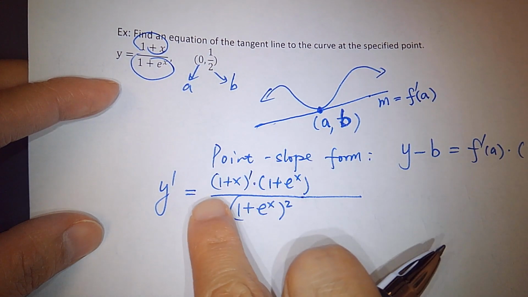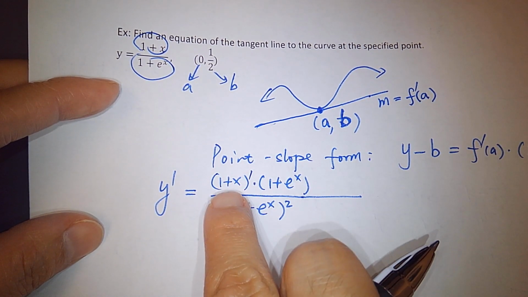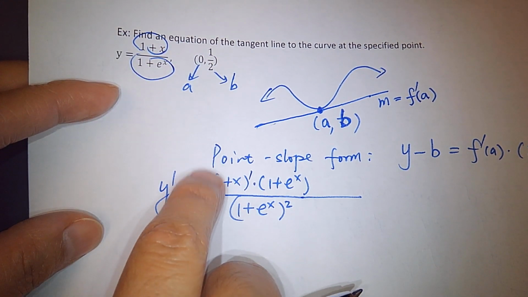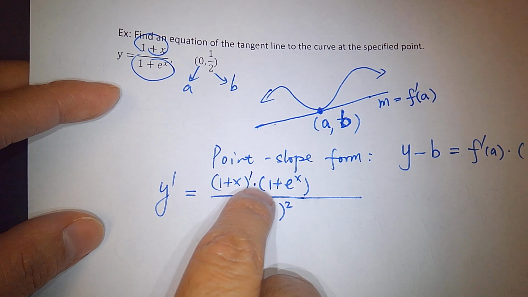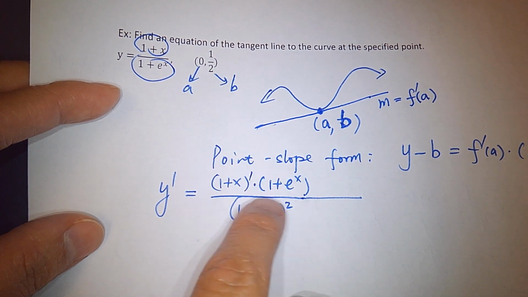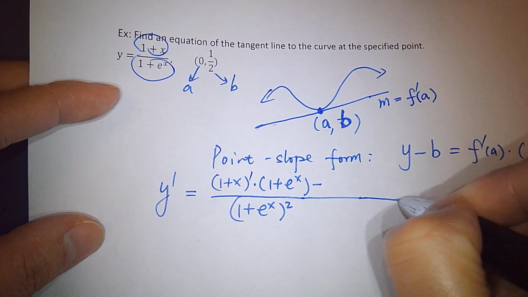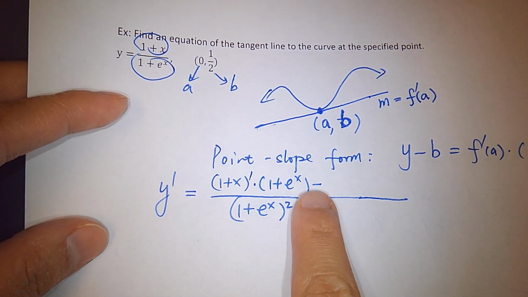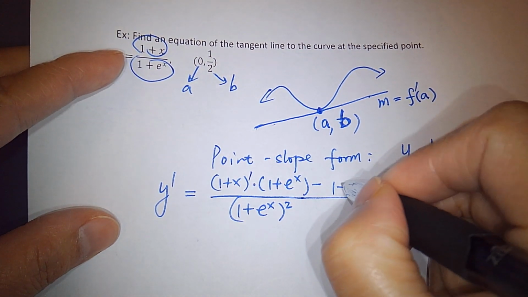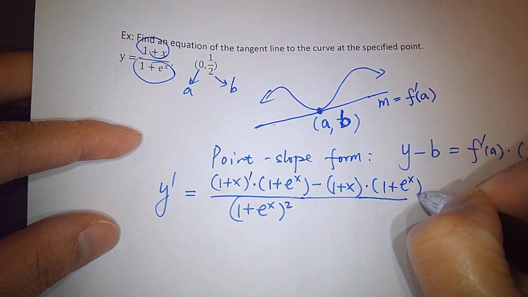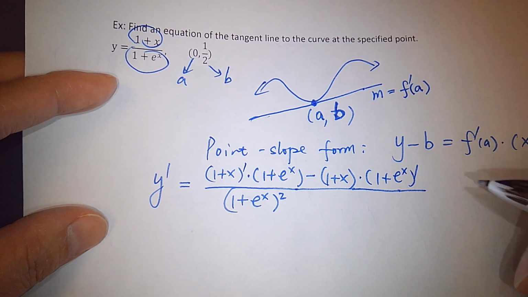I write it down specifically because some of you prefer to differentiate directly. Oh, 1 plus x derivative is 1. Sometimes if you don't write it down, you forget. So I am going to make sure this writing looks more standard. Minus f, 1 plus x, times g prime, 1 plus e to the x derivative with respect to x.